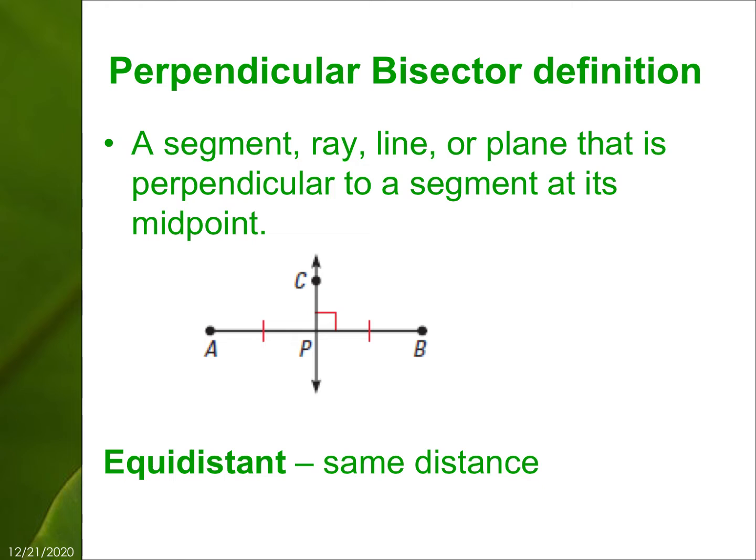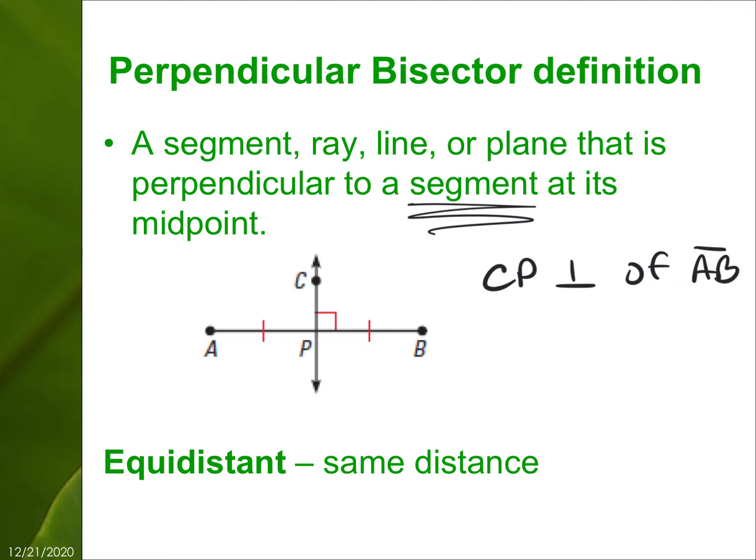So a perpendicular bisector could be a segment, a ray, a line, or a plane that is going to be perpendicular to a segment at its midpoint. So what needs to be bisected is going to be a segment. Now here you can see that CP in this picture is the perpendicular bisector of segment AB.